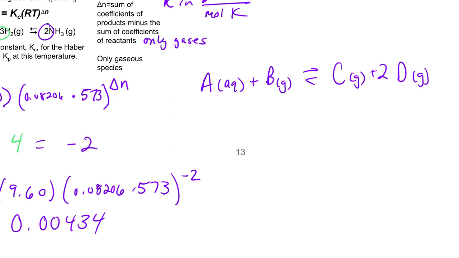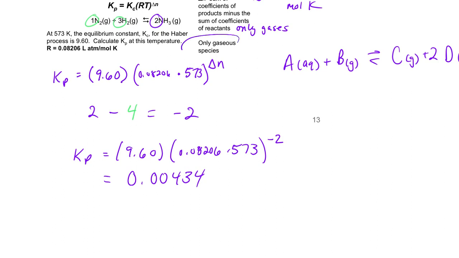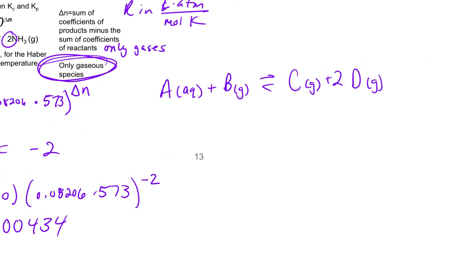So there will always be a gotcha problem, of course, right? A good example here is calculating this delta n. And again, the main thing is that we only include those things in the gas phase. So if we have a reaction where we have A plus B in equilibrium with C plus D, and A is aqueous, and B, C, and D are all in the gas phase, for this delta n calculation, we only care about B, C, and D. We do not care about the A because it's aqueous.